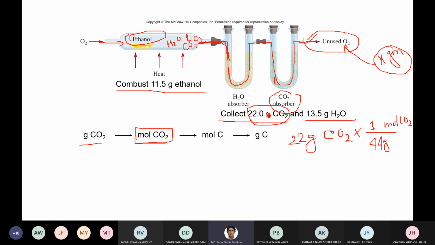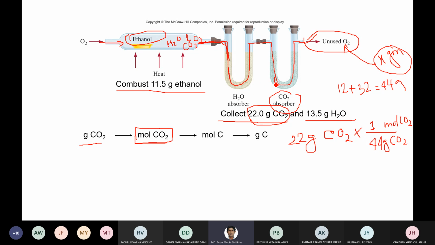How do we calculate this? Carbon is 12, and oxygen is 16 times 2, which is 32, since one atom of oxygen is 16. So this is 44 gram, the molecular weight of carbon dioxide.